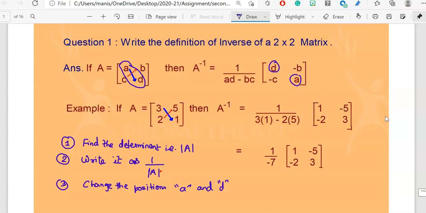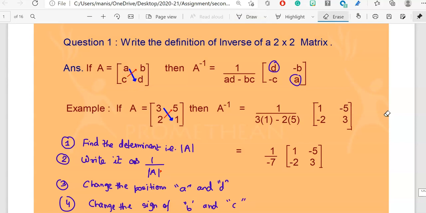And the last step is, you will change the sign of B and C. You can see in this case, our B was positive, so I changed the sign to negative. C was positive, I changed the sign to negative, and this is how we find the inverse of a matrix.